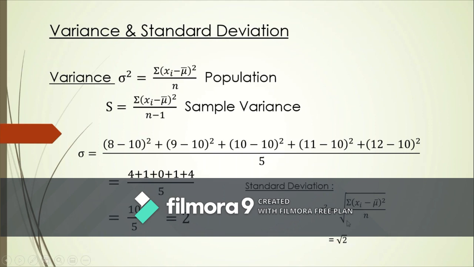So, yung variance natin is 2, kaya i-square root lang natin yung 2 kasi based sa formula. Meron din pong sample standard deviation, which is square root lang din po ng sample variance. So, ayun po.